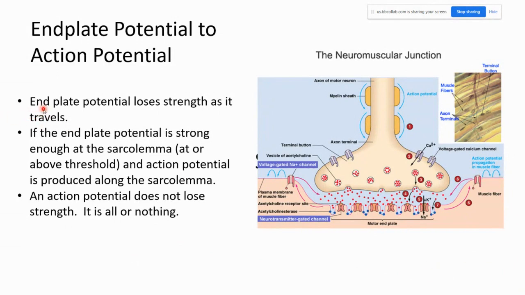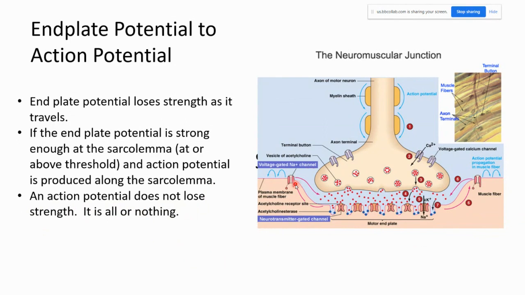Just to summarize, the end plate potential loses strength as it travels, but if it is strong enough at the sarcolemma, here or here, we get an action potential, and that goes along the entire sarcolemma. An action potential does not lose strength. So once that excitability hits here or here, it's like dominoes.